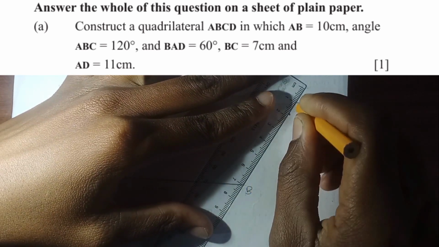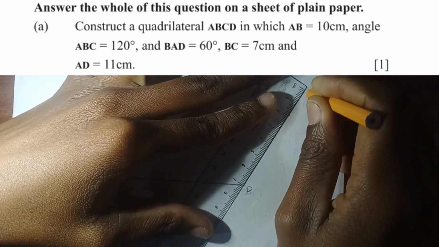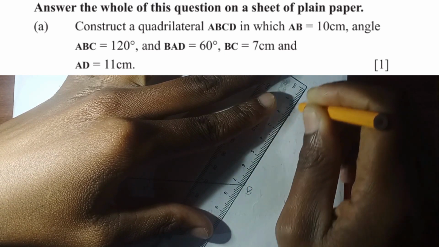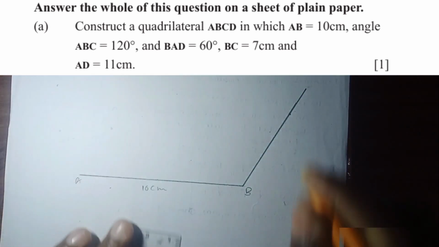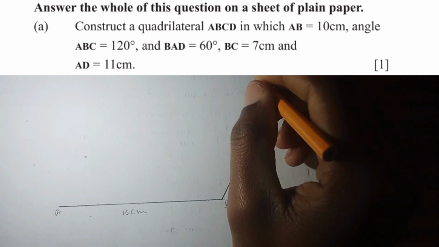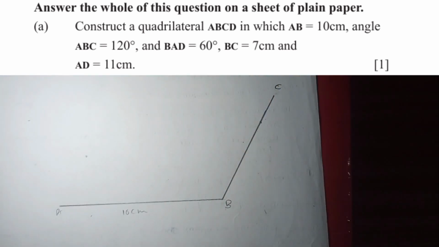Then we draw a straight line. The more you practice these questions, in the exam you do this in a fraction of just minutes. As you can see, this is 7 centimeters. You can even indicate it so that we don't get confused.